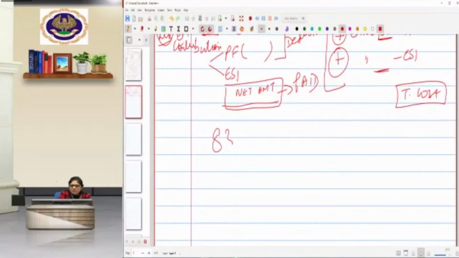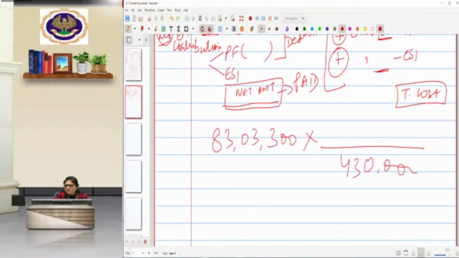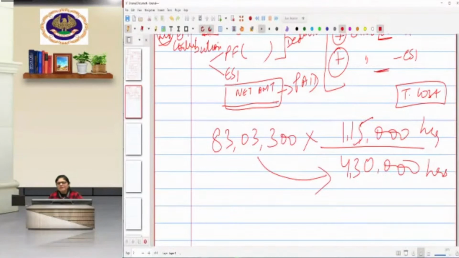So 83,03,300 sales were out of 4,30,000 hours because 15,000 were unproductive. So what could be the sales for 1,15,000 hours? 83,03,300 sales were due to 4,30,000 productive hours. So how much will be the sales for 1,15,000 hours?